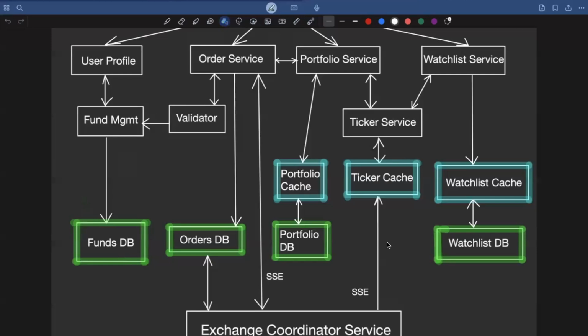And with respect to the portfolio, considering that there are 1 million day traders, most of their data will be in the portfolio cache because they need low latency. But for a regular trader the data can still be stored in the portfolio DB to make best use of the resources.